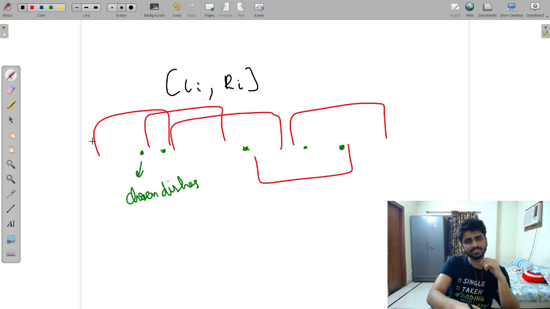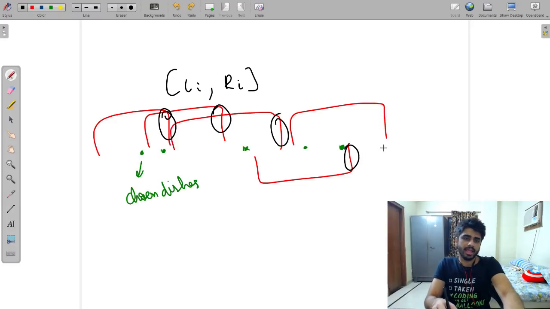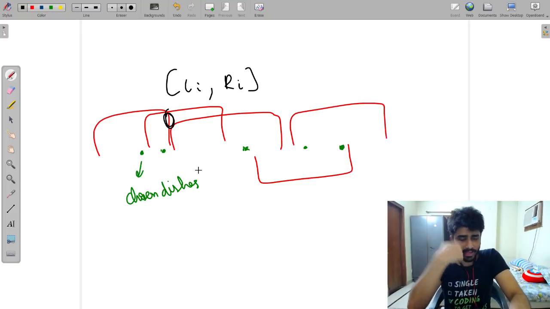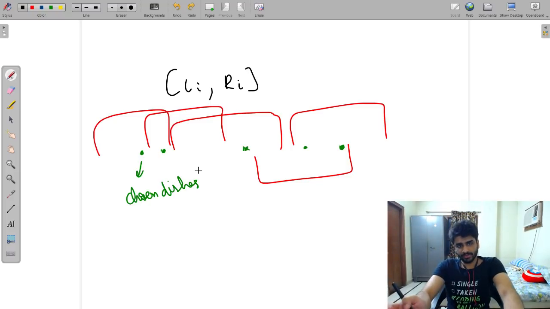This greedy strategy will be something like we sort by the endpoints of these segments, and we will only choose a dish from the endpoint of a certain segment. Why will we do that? Why will we take only endpoints, not somewhere else?